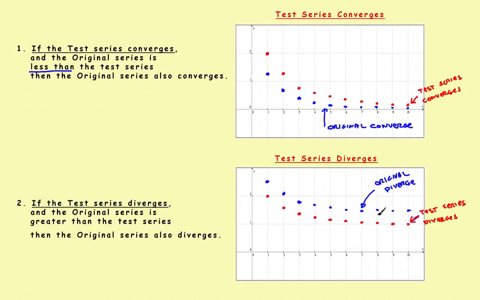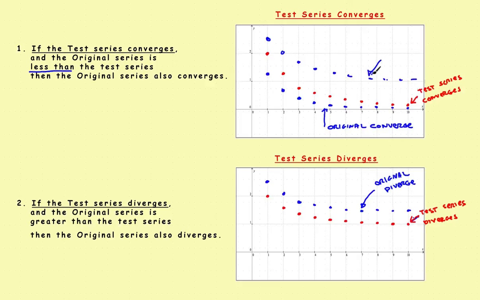Now, before we go on, there's actually two other possibilities. Suppose that you knew that the test series converged, but the original series was greater than the test series. So suppose you know that this one converges, but when you do your test series, you find out that the test series is above the original series. So maybe it looks something like this.